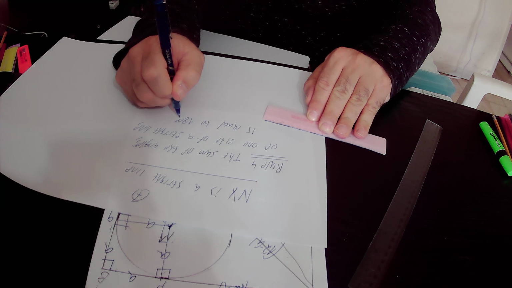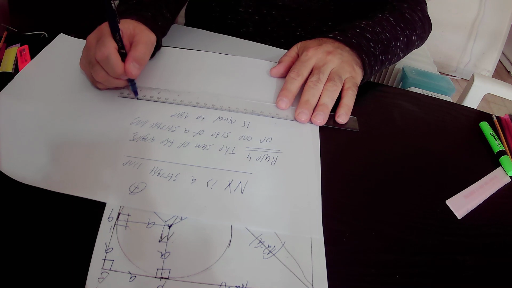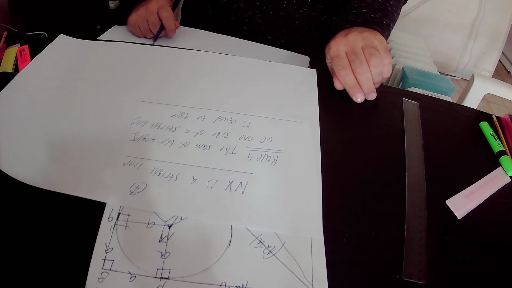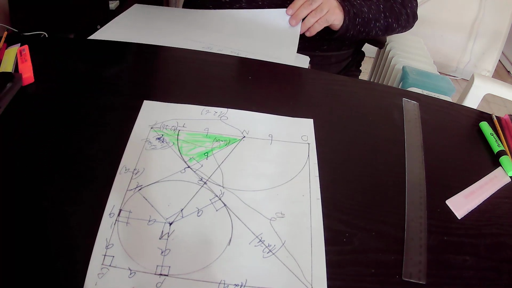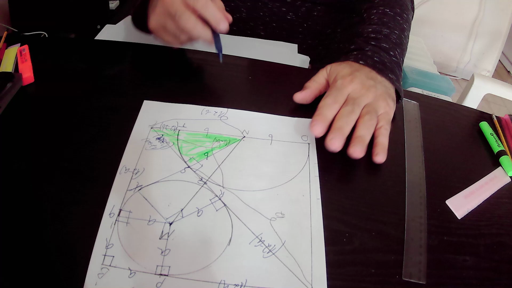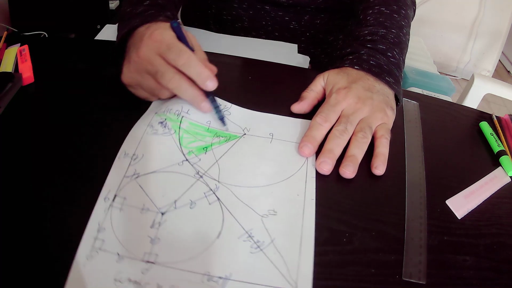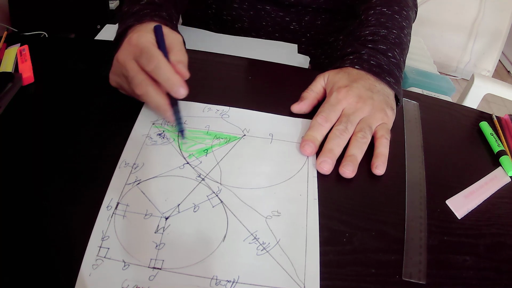I repeat rule number 4 again. According to rule number 4, the sum of the angles on one side of a straight line is equal to 180 degrees. And we know that NX is a straight line, because when you extend a straight line by a straight line, it is a straight line, so NX is a straight line.